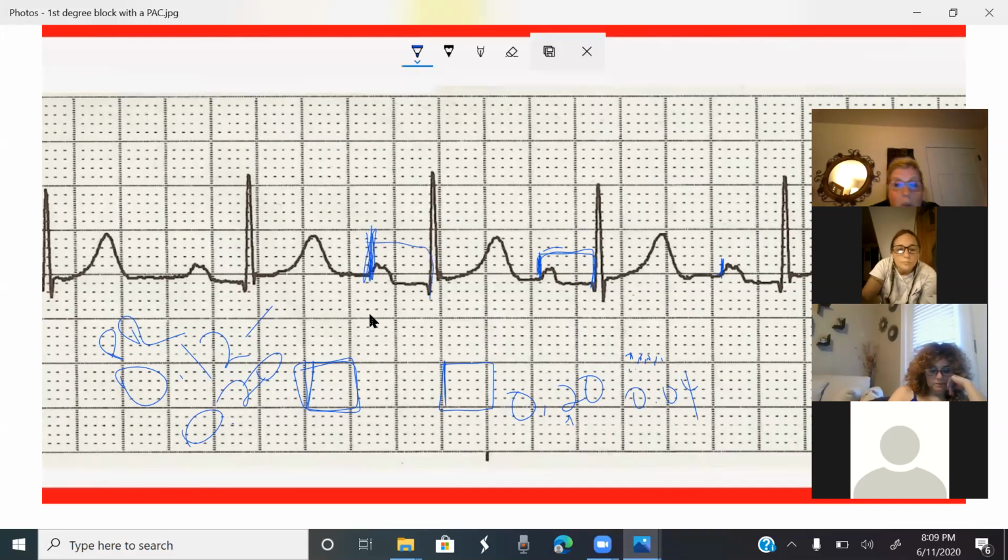So if you count those little blocks, how many do you see? If I start at the beginning of this wave to here, how many little boxes do you see?